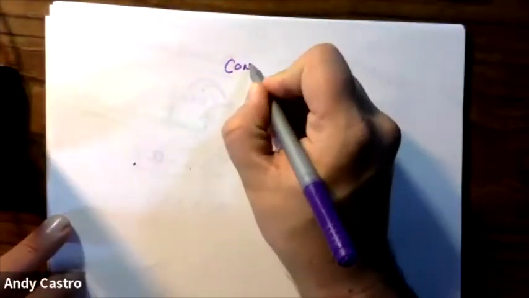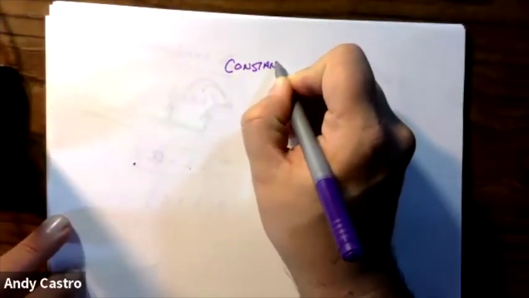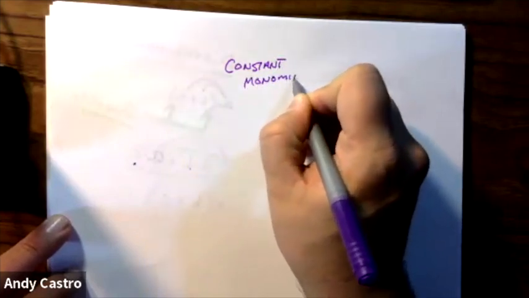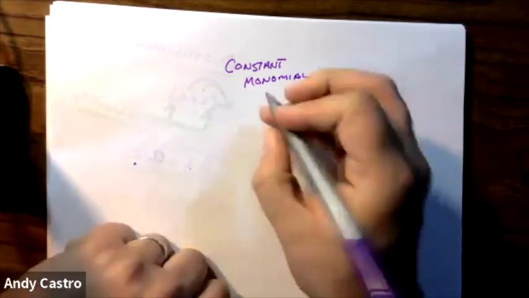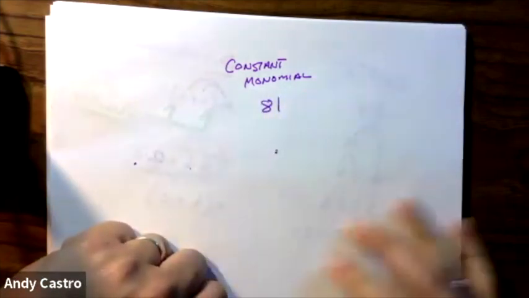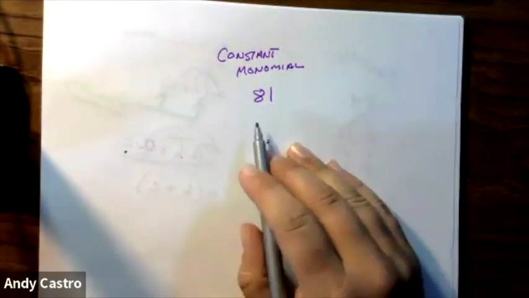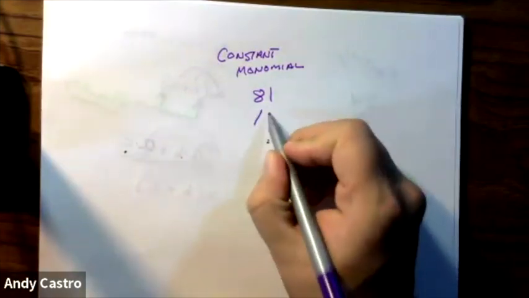All right. So we're going to look at a constant monomial. That constant monomial we're going to say is 81, and we're going to factor it. All right, can I factor this down at all? Let's see.